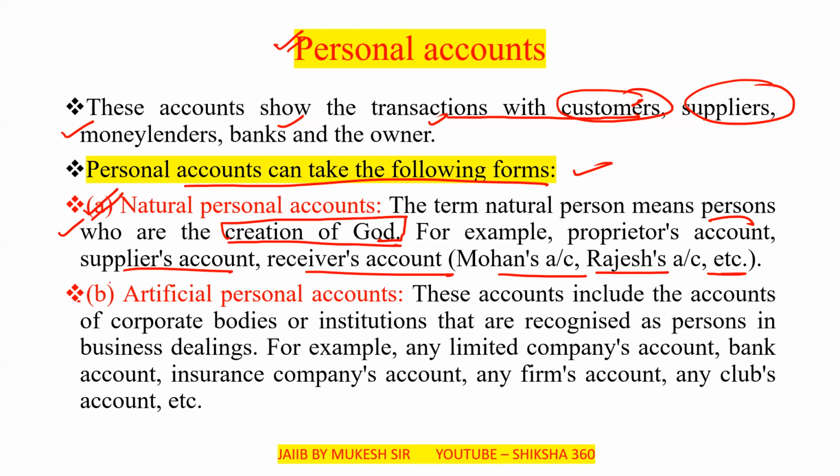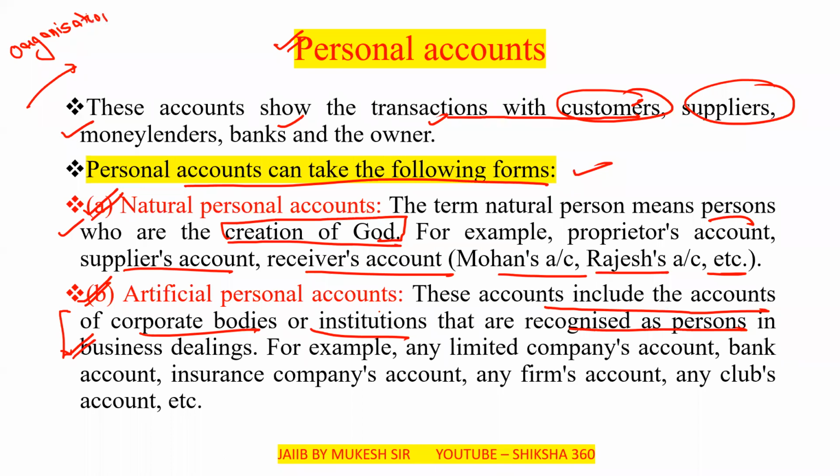Next one is the artificial personal account. These accounts include the accounts of corporate bodies or institutions that are recognized as persons in business dealings. Like when you want to pay to any organization or any company.